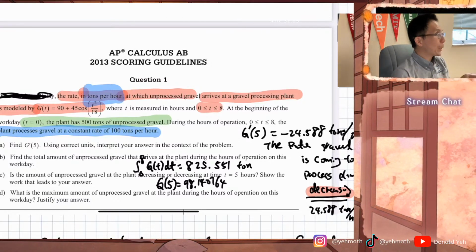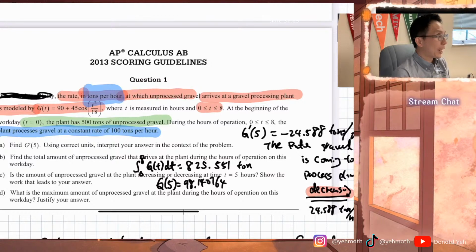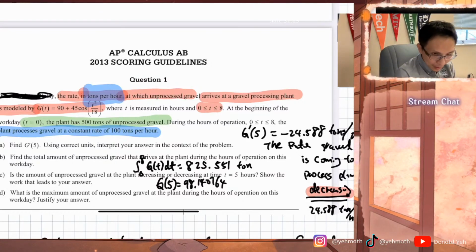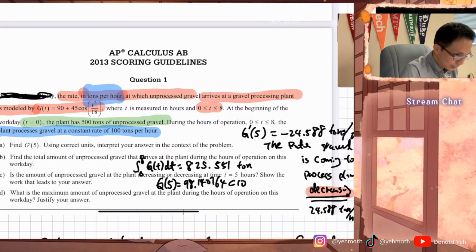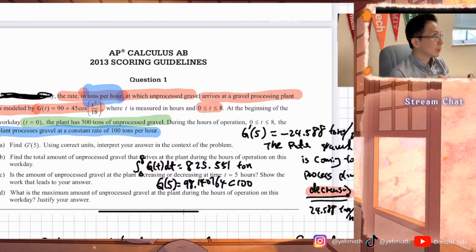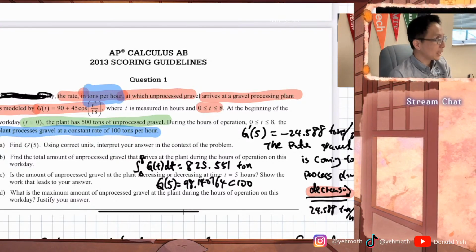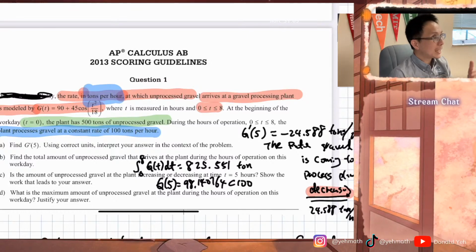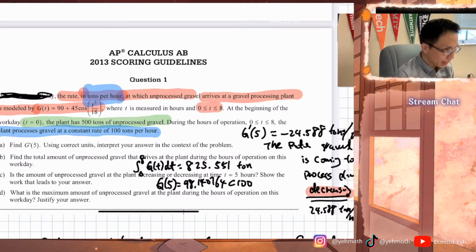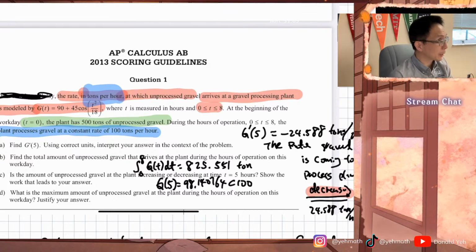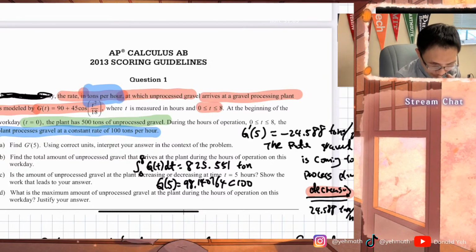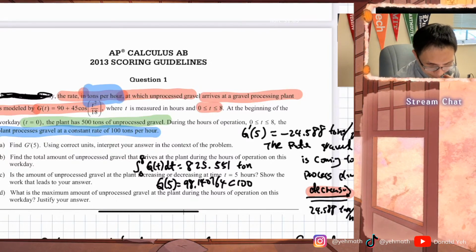Now you have to compare this to 100. Why compare this to 100? This one is less than 100. 100 is going out, 98 is coming in. Is the amount increasing or decreasing? That's what you have to ask yourself.